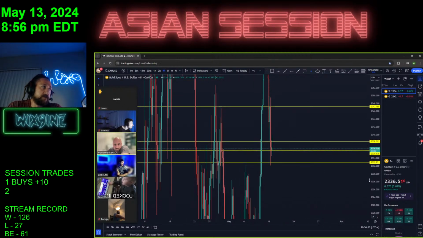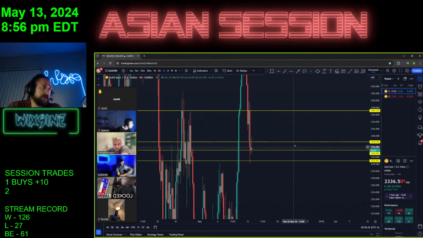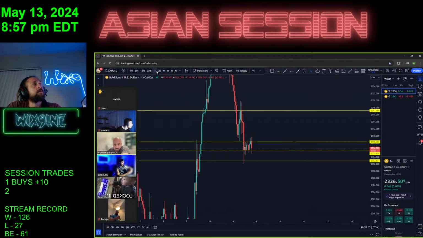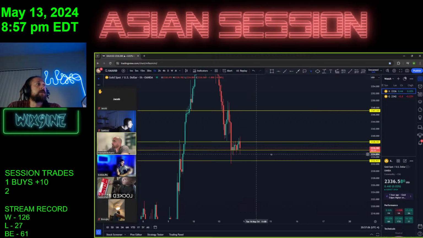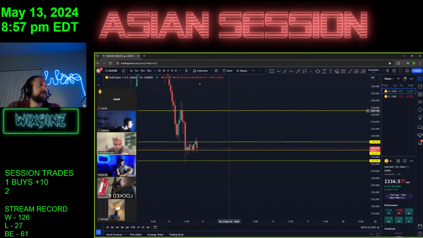Matters here, right? You really don't want the 4 hour now to close bullish if you're going to continue down. Kind of don't want it to close doji either, but this fake out tells you you're going to touch the bottom of the range. You really come to the bottom of that range. Now you're back in it.